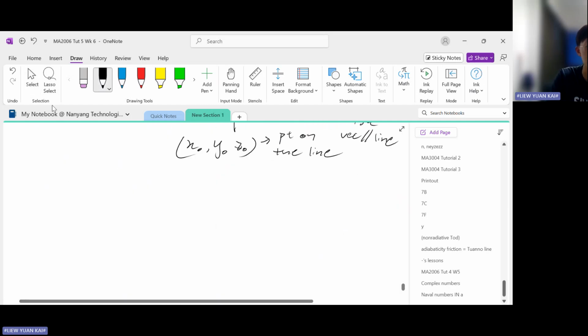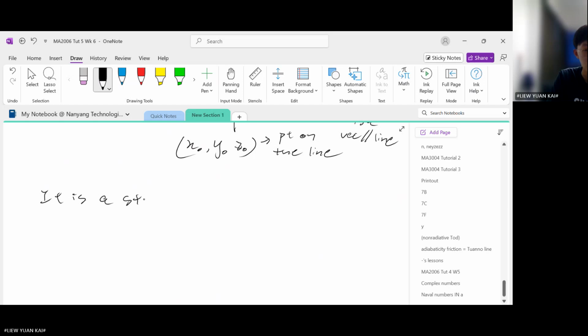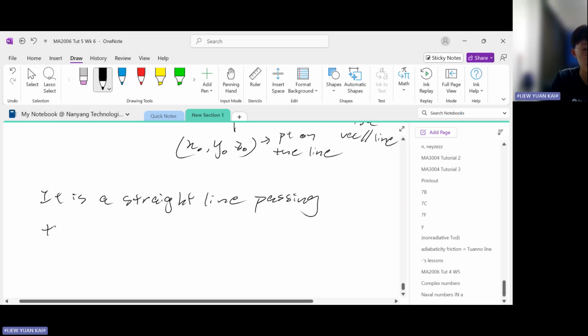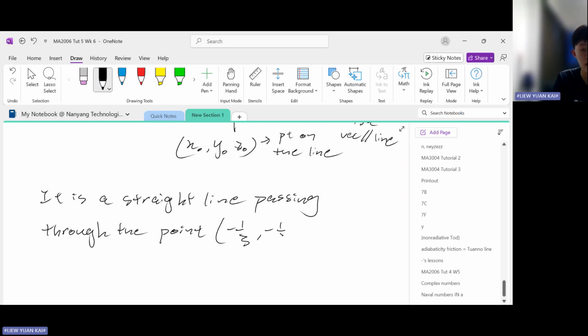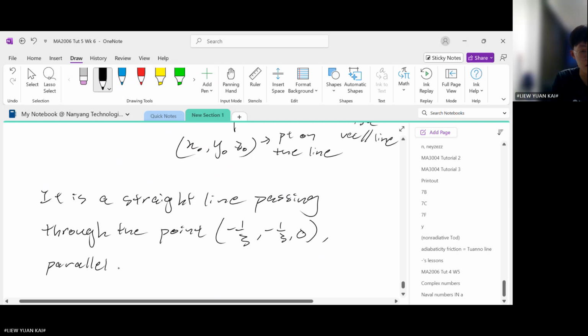So the geometric interpretation is that it is a straight line passing through the point minus 1 over 3, minus 1 over 3, 0, parallel to the vector.